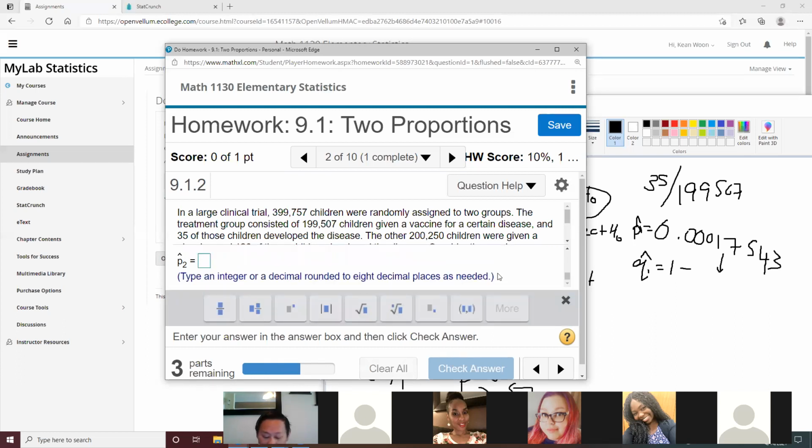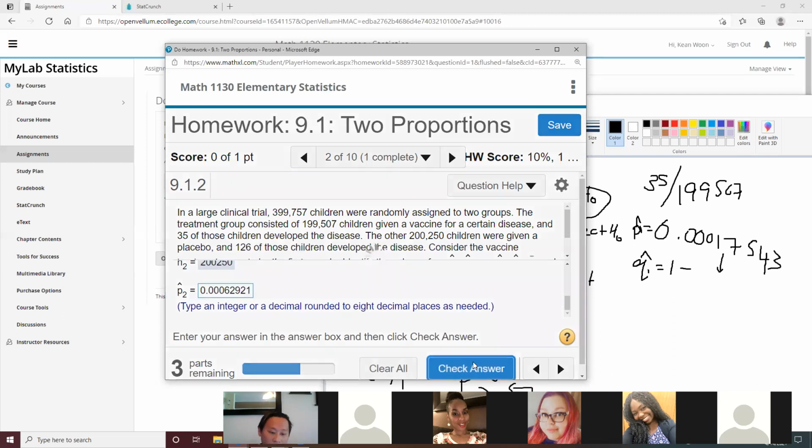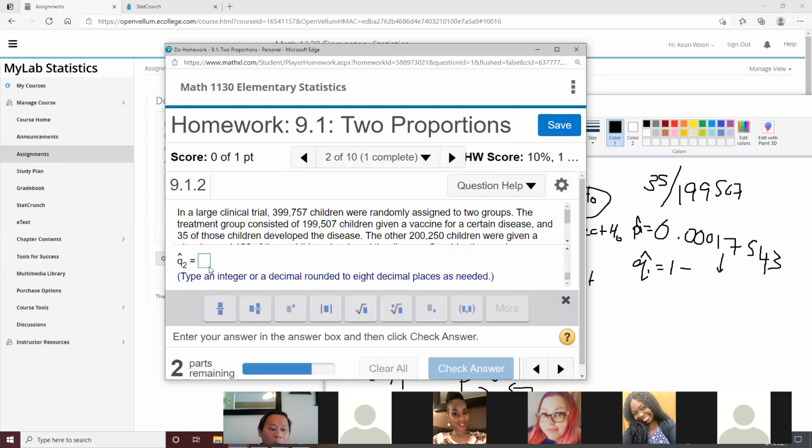Again, 8 decimal places, 0.1, 2, 3, 4, 5, 6, 7, 8. And then they ask you for Q2, again, 1 minus that. So this is repeat.